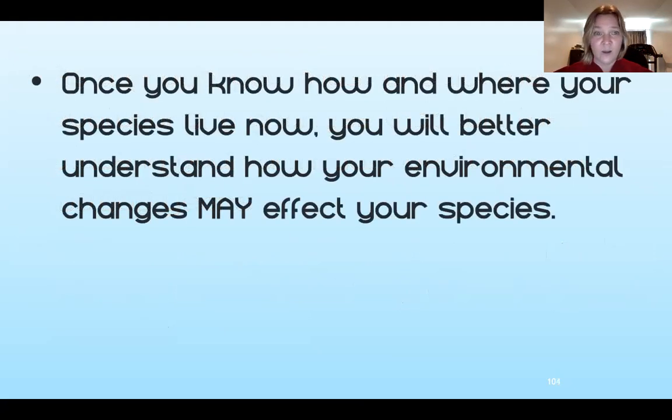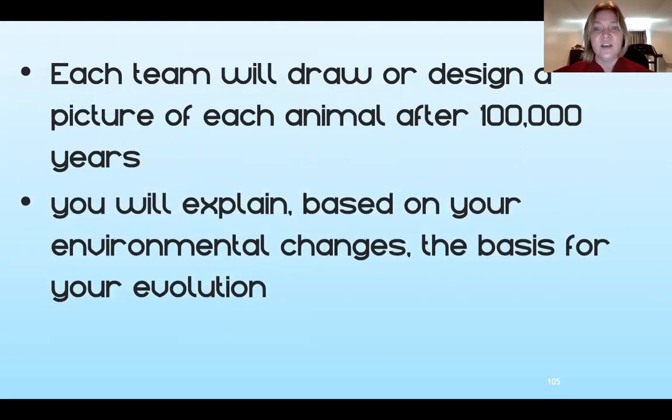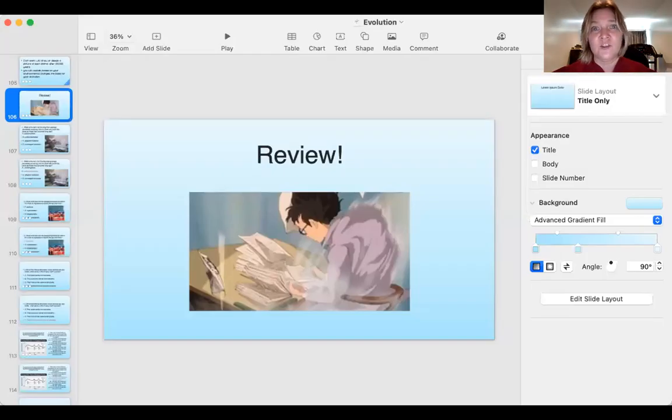Once you know how and where your species live now, you'll better be able to understand how your environmental change affects your species. Each of you is going to draw or design a picture of your new adapted or evolved animal after 100,000 years, and you're going to explain, based on your environmental change, the basis of your evolution. So you have to explain why you made the changes that you did.